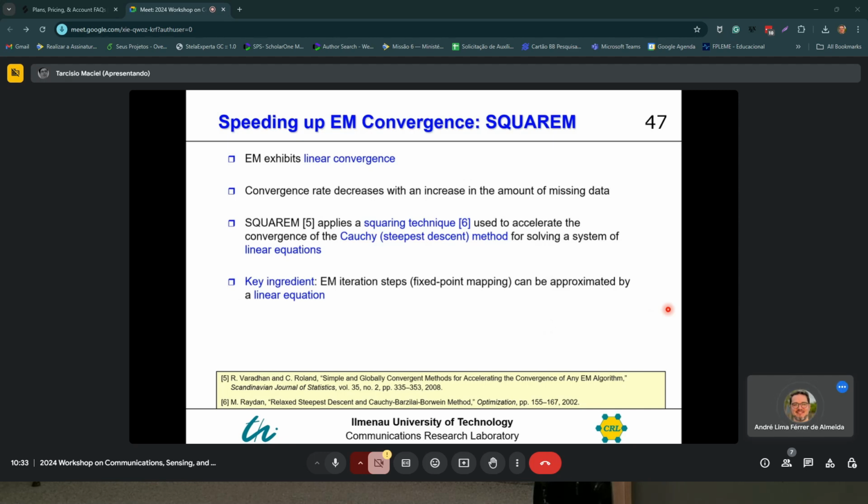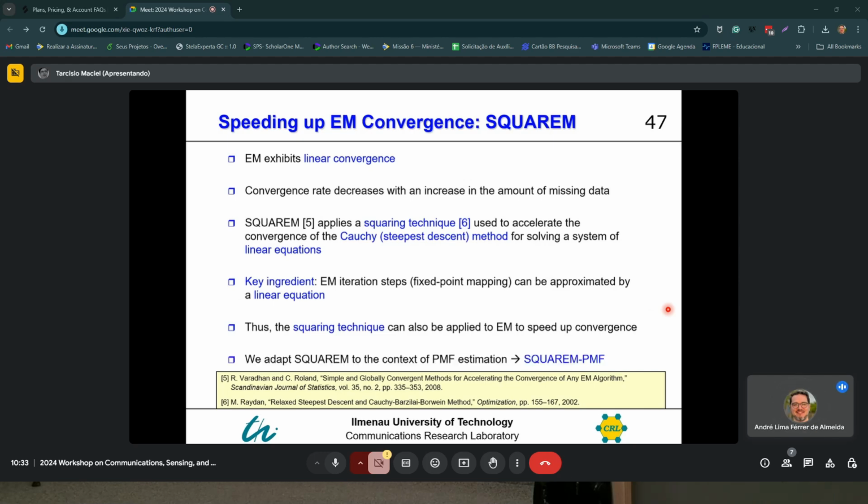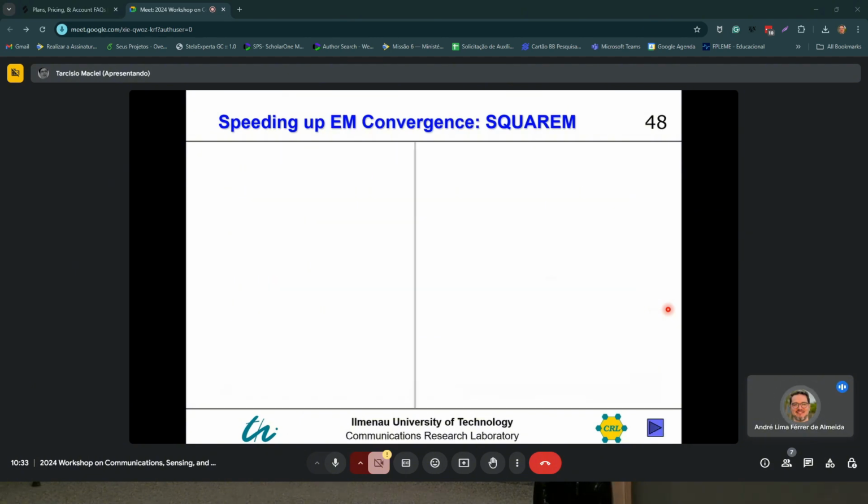Because of that, we can apply the square EM approach, since it's designed to solve a system of linear equations. So we adapt it, and then we have square EM PMF, which is another PMF estimation algorithm.